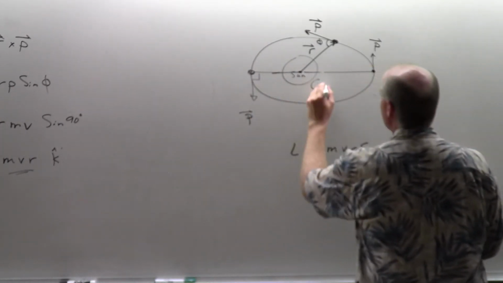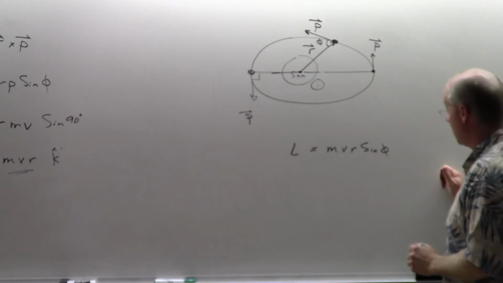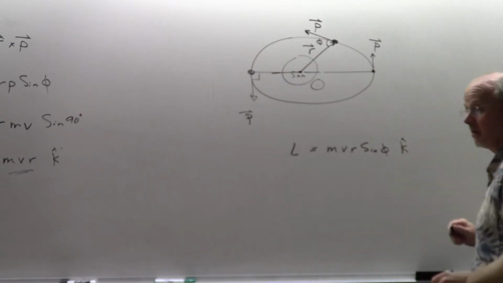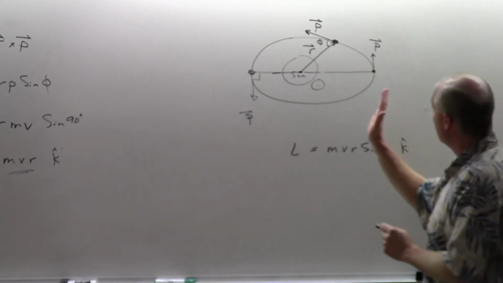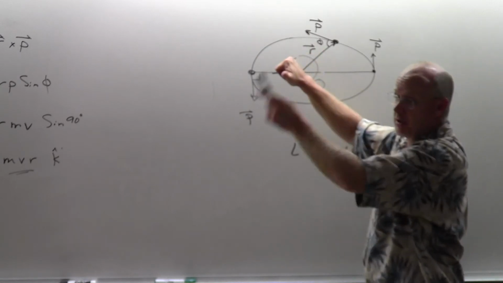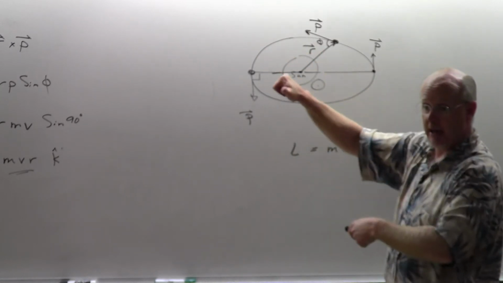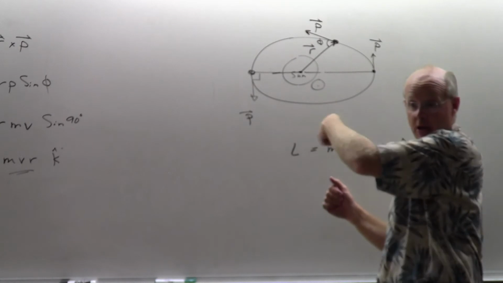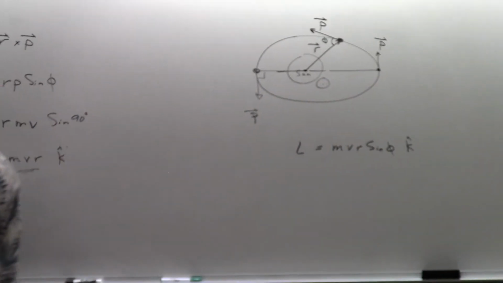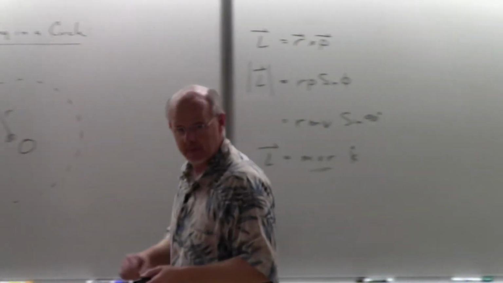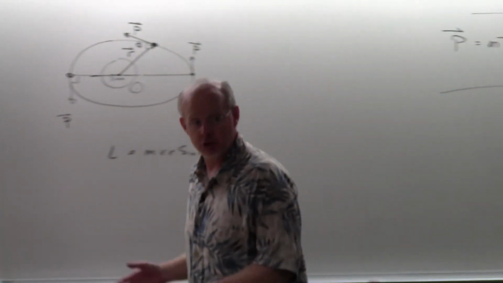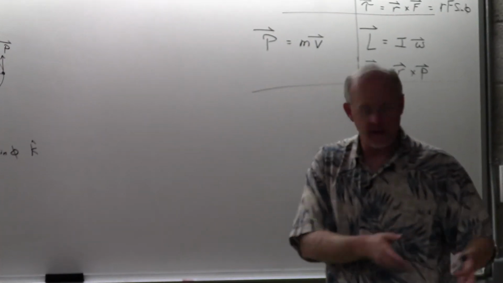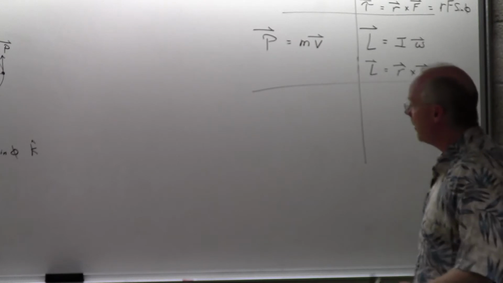So this one too is out of the board. And that's a k-hat direction. And again, if you were to take your right hand and curl your fingers in the direction the mass is moving, it would be pointing out of the board. Or if you'll just look at it, it's counterclockwise, positive. See, counterclockwise, positive. And so they fit together here. The direction of the angular momentum, the direction of the angular velocity. They go hand in hand.